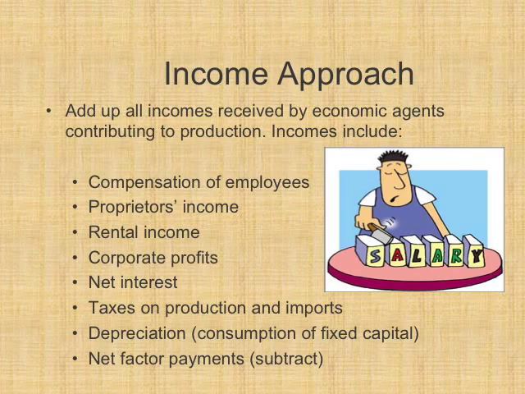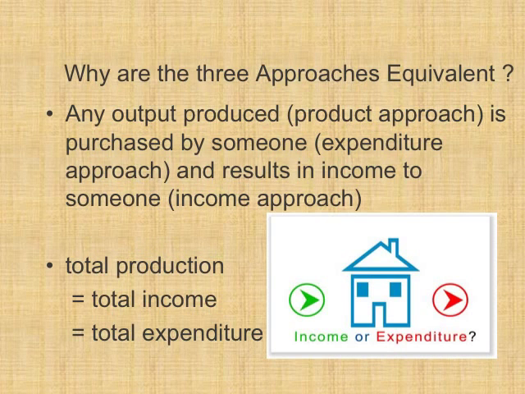The third approach is the income approach, which adds up all the forms of income earned in the economy. Regardless of which measure one uses, it gives the same result, because all the measures tell the same story about economic condition.